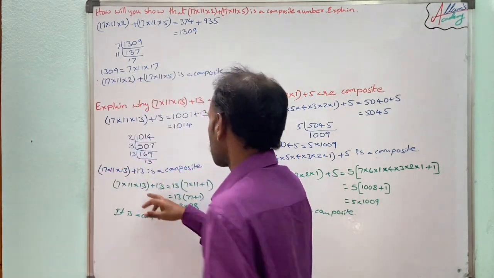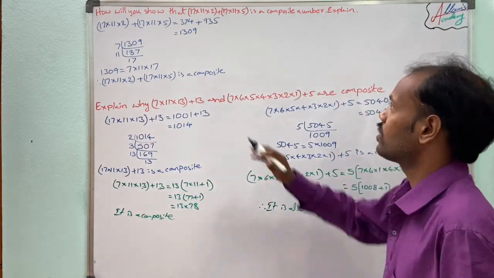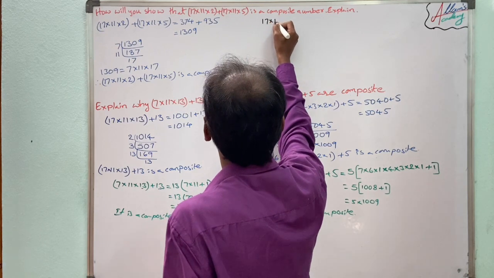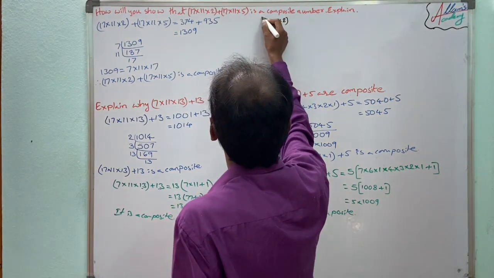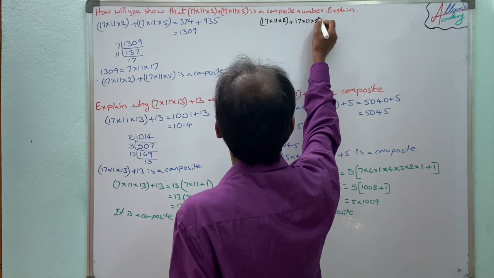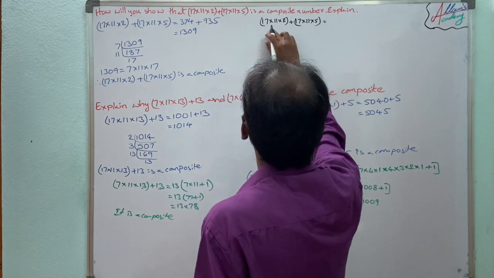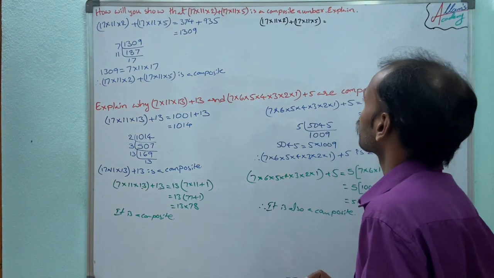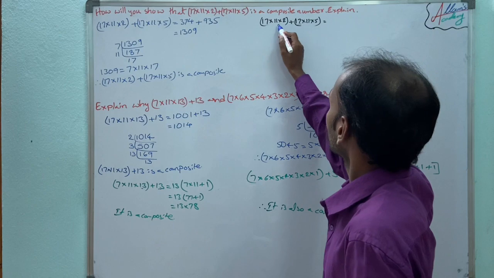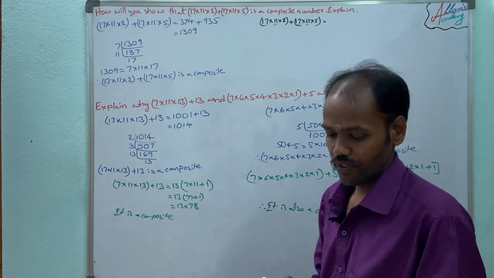Now we see the same problem solved in this method too. 17 into 11 into 2 plus 17 into 11 into 5. Observe that in both numbers 17 and 11 are the common factors.